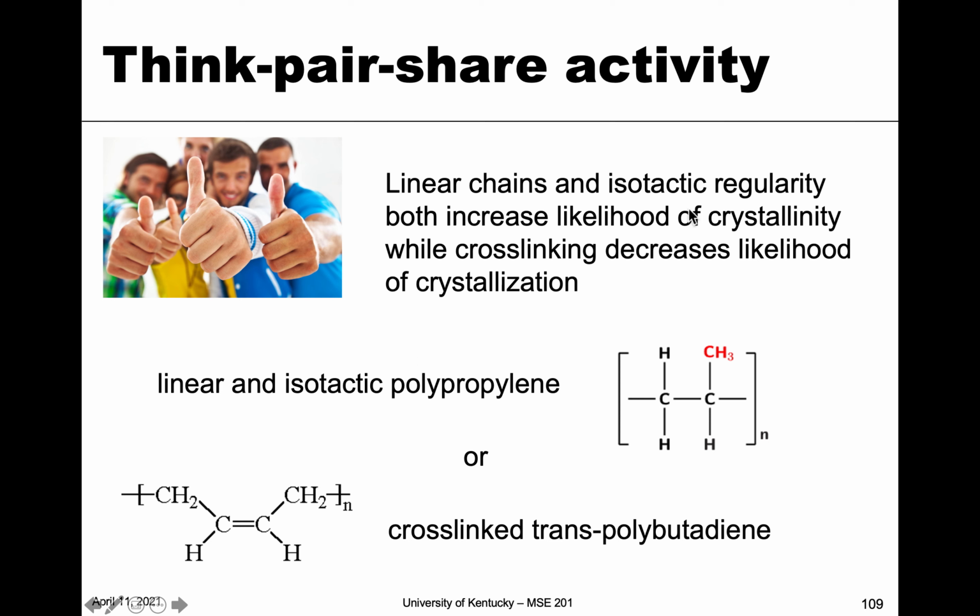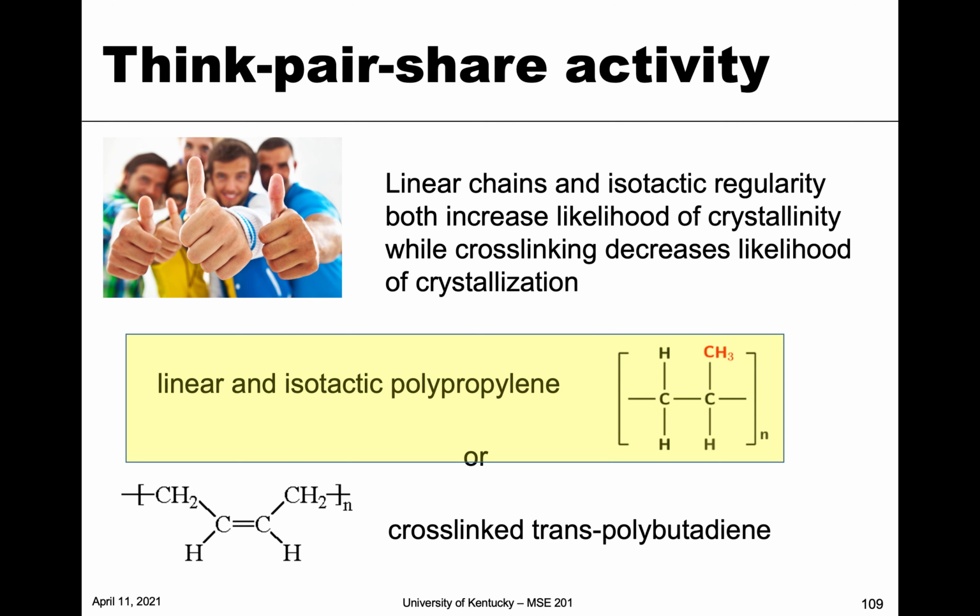Linear chains and isotactic increase regularity, while cross-linking decreases it. And again, the repeat unit itself can also do that. So here, I think we have enough evidence to say that the linear, isotactic polypropylene is more likely to crystallize compared to the cross-linked trans polybutadiene.